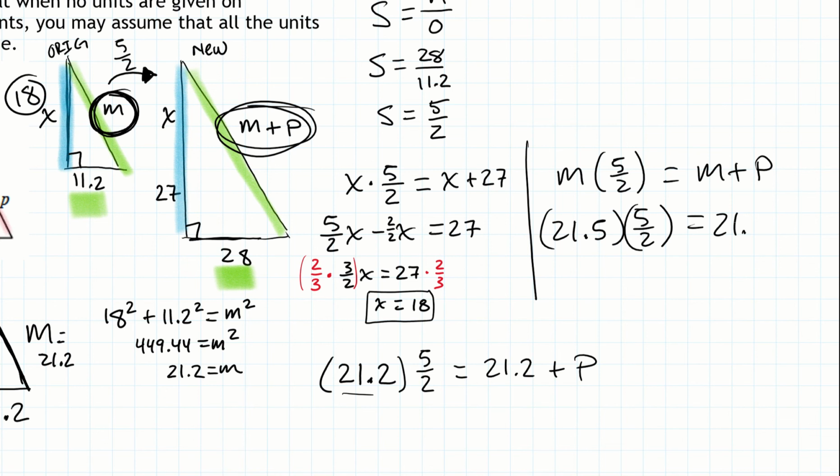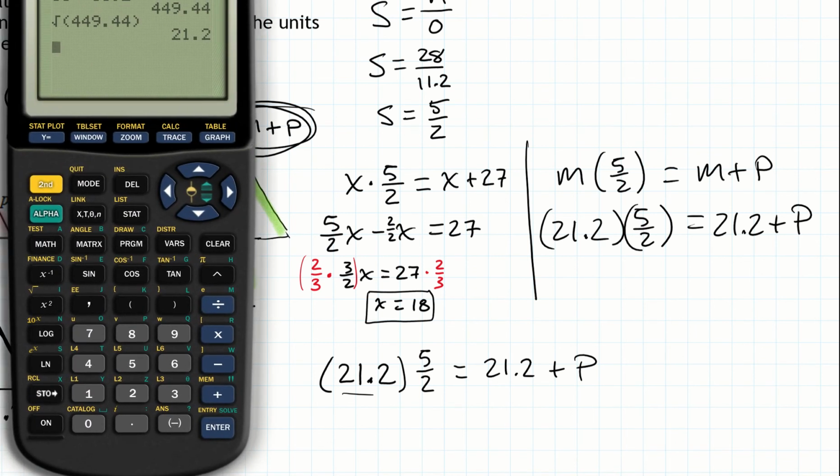Oh, not 21.5, 21.2, and then plus p. Well, this is great because I clearly can figure out what p is from that. So I'm going to take the 21.2 and multiply that by 5/2, and that equals a particular number.